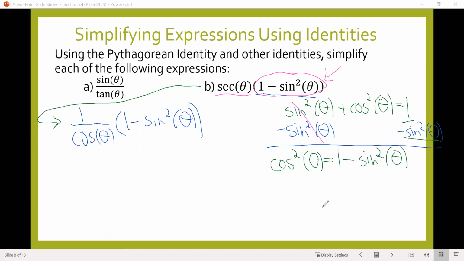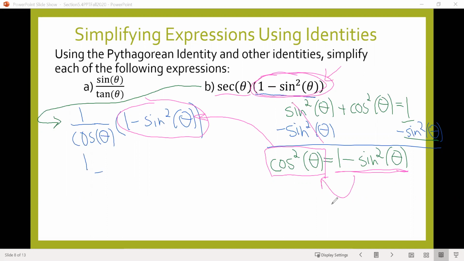Notice that what we have on the right-hand side is what I circled up here, and it is equal to cosine squared of theta. That tells us we can take this cosine squared of theta and substitute it in for 1 minus sine squared theta. I should emphasize it's taking the place of that whole thing, the 1 minus sine squared theta.